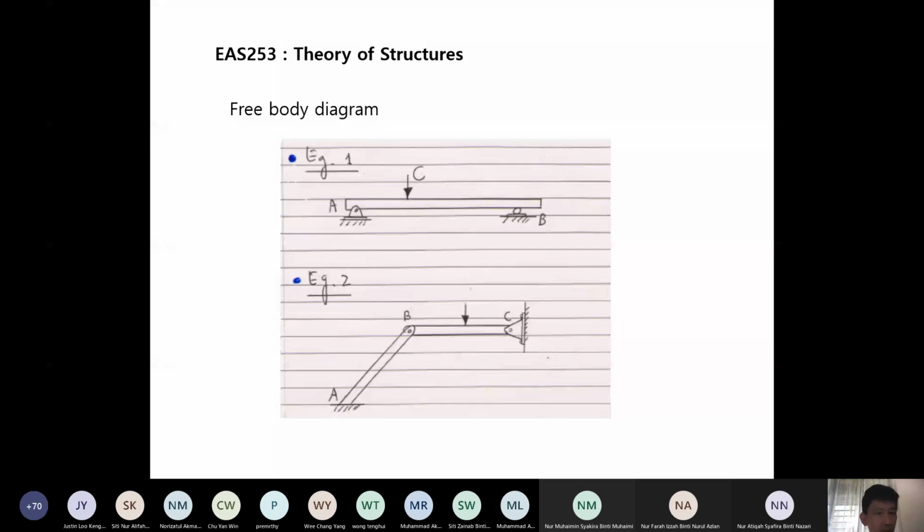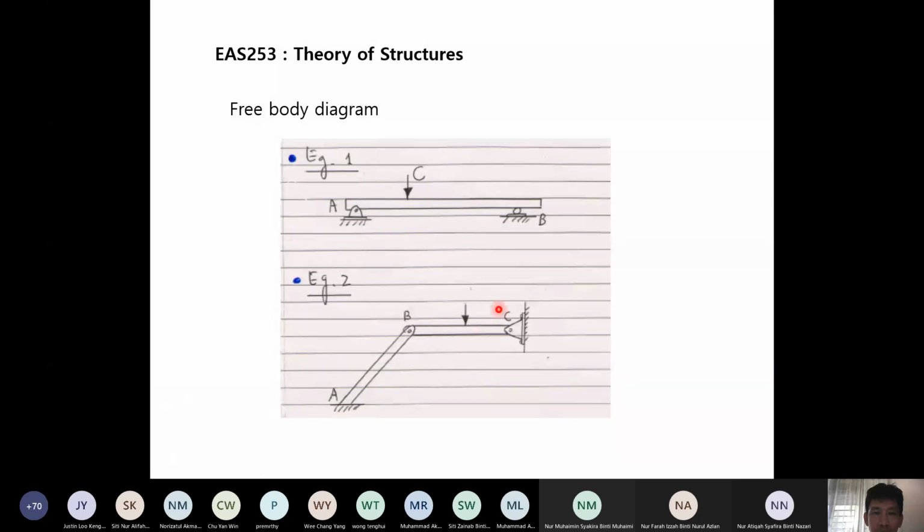So I end here with 3 examples. Example 1, example 2. This is a beam, this is a pin support, this is a roller support. This is a frame. You have an inclined member fixed here, with a pin support to another member. This is a pin connected to another member, and you have a pin support here.